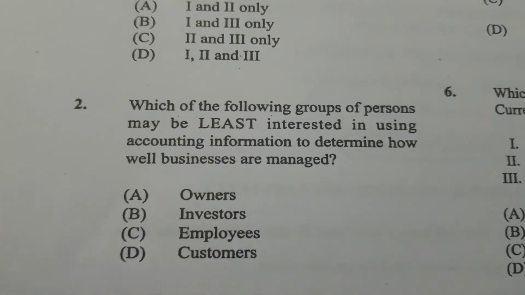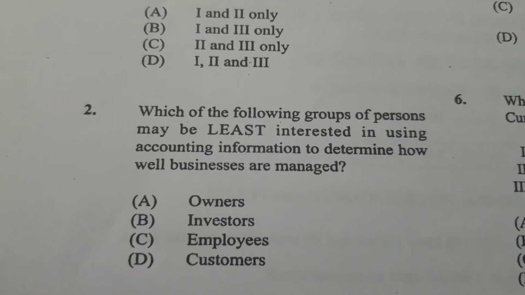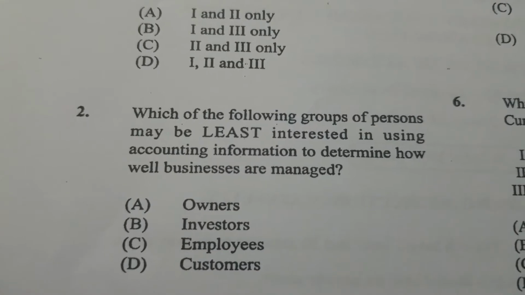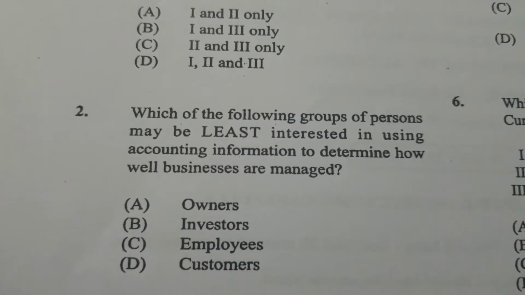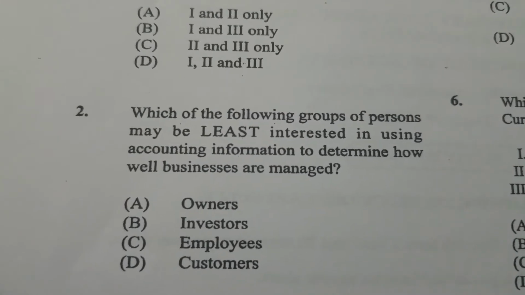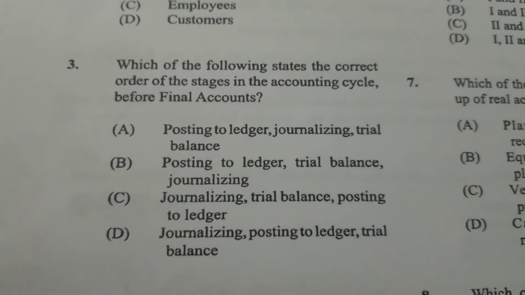Item 2. Which of the following groups of persons may be least interested in using accounting information to determine how well businesses are managed? And our answer is D, customers. Item 3.